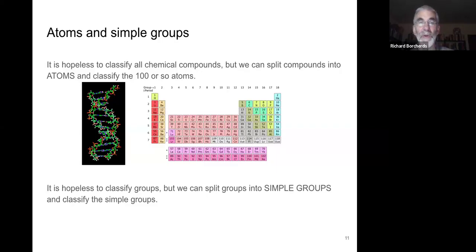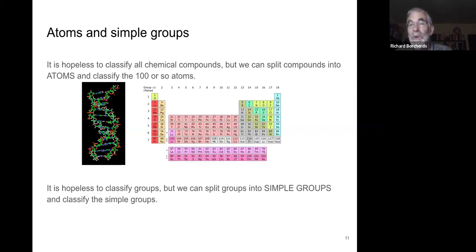So anyway, what he suggested was just classify simple groups. So let's look at an analogy. If you're a chemist, you can't possibly classify all chemical compounds. For instance, here's a picture of DNA on the left, and you can see it's ridiculously complicated, and you can't possibly write down all compounds. However, what you can do is notice that all chemical compounds are built out of atoms, and we can classify the atoms.